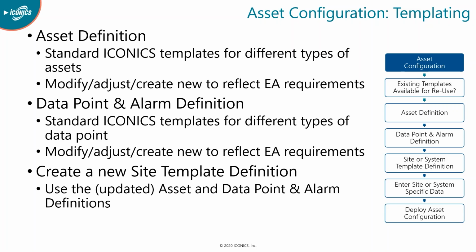That could be an asset for a site of type 1 or type 2, or if you have a distribution center, you may have different asset definitions for conveyor 1, conveyor 2, conveyor 3, or if you have a chemical plant, it may be for different kinds of equipment like mixing vessels, or things for boiling, etc. Each of these asset definitions will have some data point definitions or alarm definitions that could include the live data, historical data, and the alarm data as well.